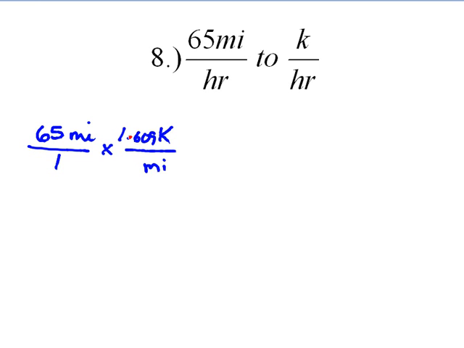So after you multiply 65, your miles cancel out. 65 times 1.609, you end up with approximately 104 kilometers per hour. I think the hardest thing here is looking in the conversion tables and finding the right conversion.